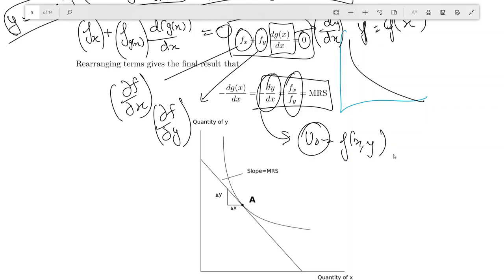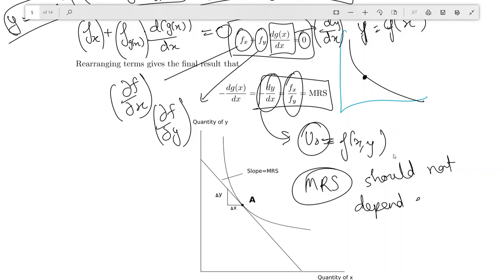Now, MRS is basically, at some point, the rate at which you are willing to trade goods. Technically, this rate of exchange, this MRS, should not depend on u naught. It should not depend on the actual utility level, because the rate at which you are exchanging goods is something natural to you.